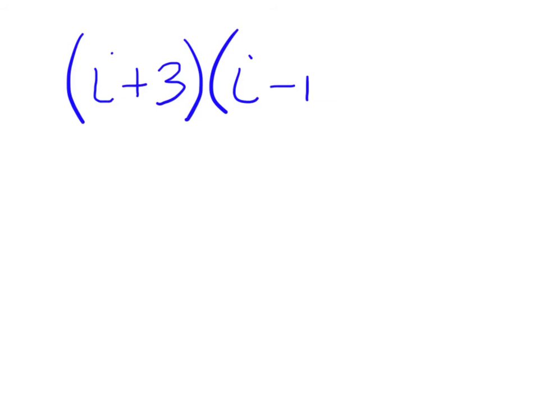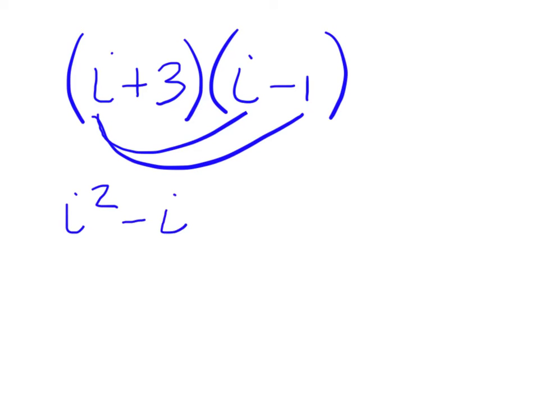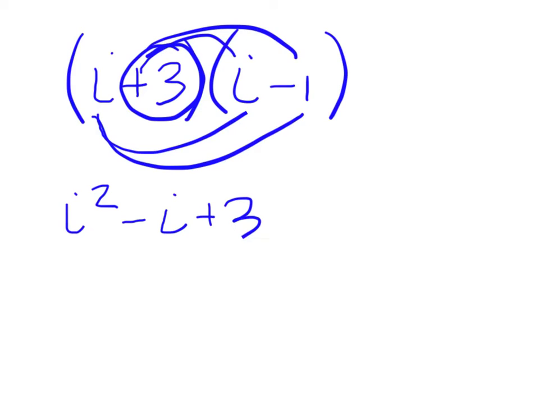This is practice on multiplying. If I had I plus 3 times I minus 1, you would multiply I, this first one, by each of these and come up with I squared minus I. And then go to the 3 and multiply it by each of the items in that quantity and get plus 3I minus 3.